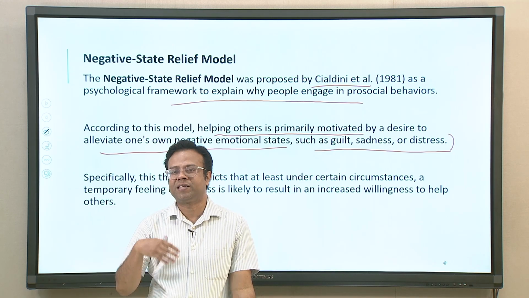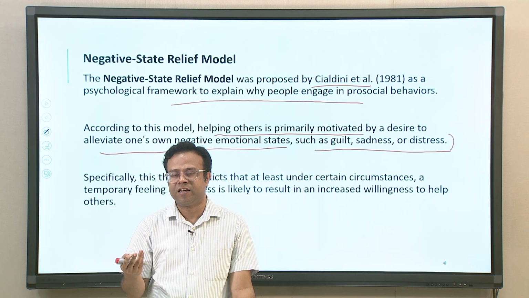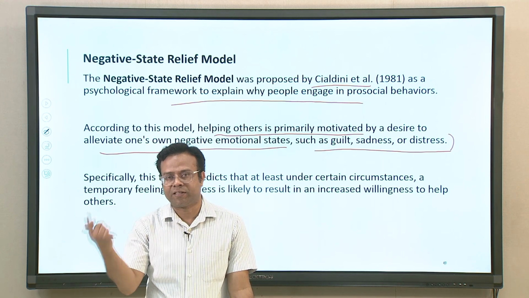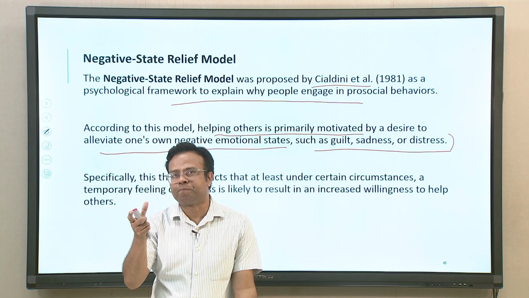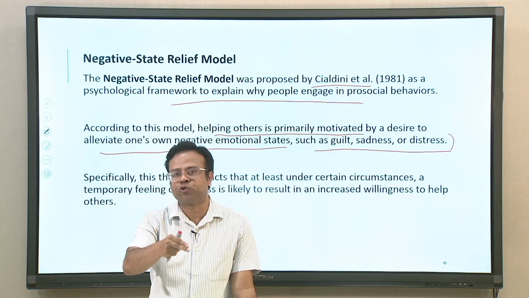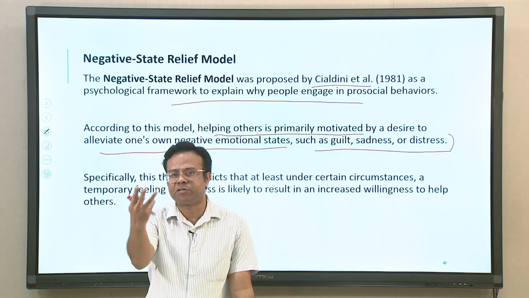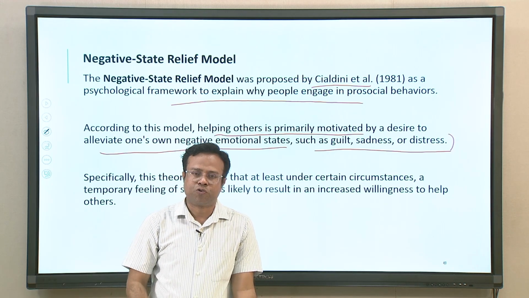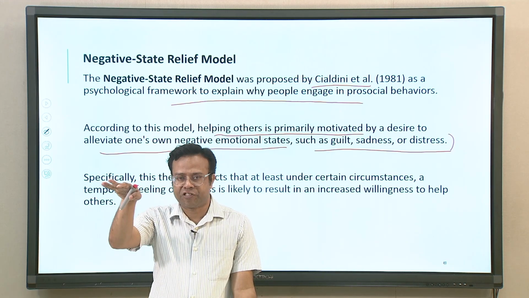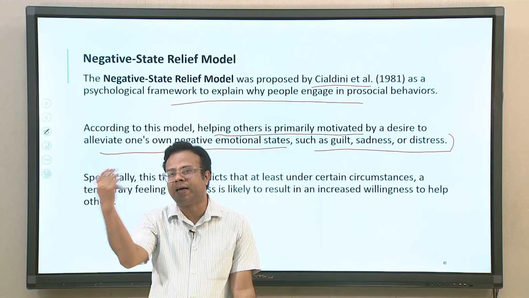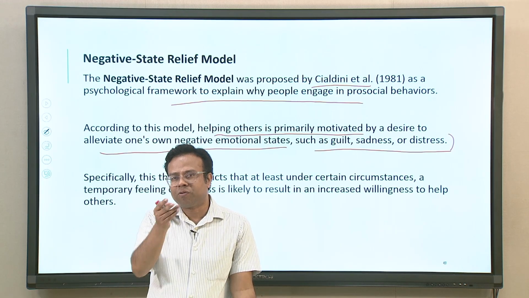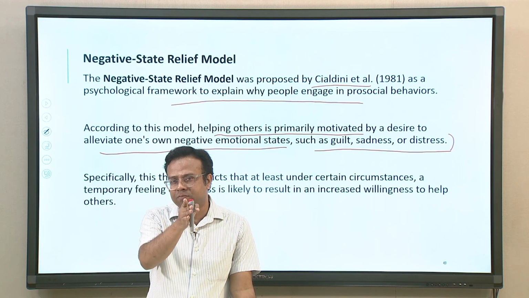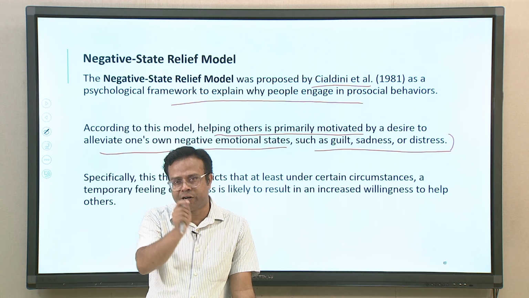So, whenever they experience guilt, sadness or distress, they are more likely to help another individual, because they may feel that by helping others these emotions will be removed or replaced by more positive emotions. So, to remove these negative states or emotions, people may engage in prosocial behavior. So, it is almost talking about the same concept as the warm glow theory, but in a different sense.